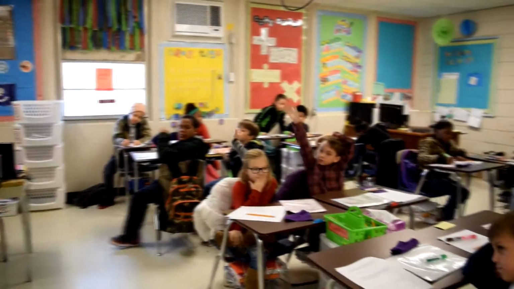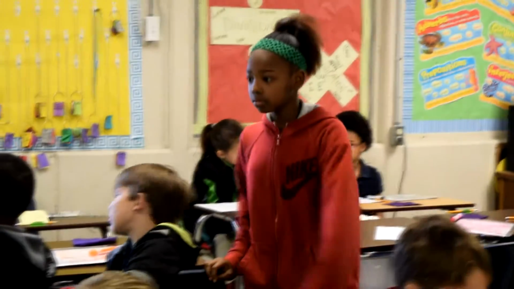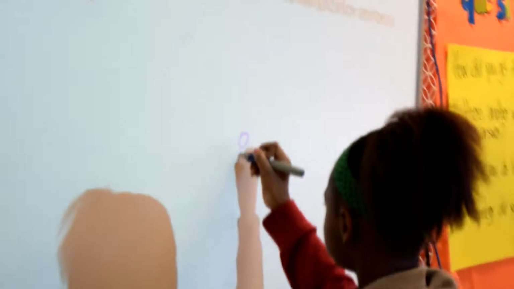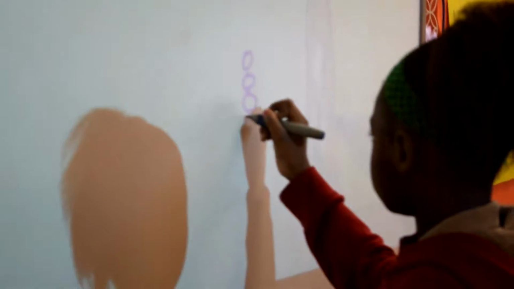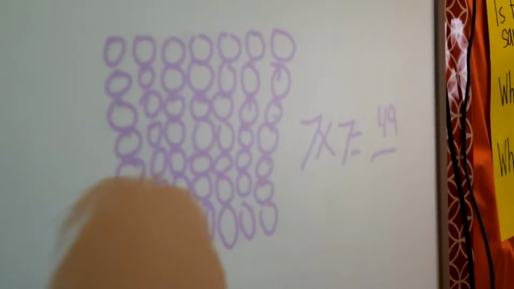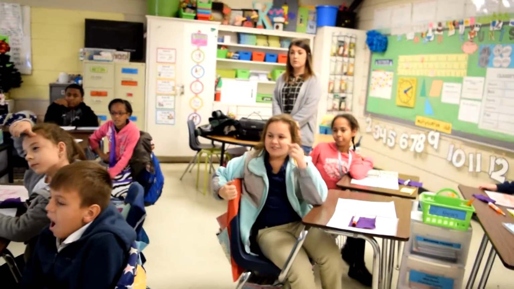Okay, one more problem we're going to do on the board. Draw an array that shows 7 rows of 7. Write a multiplication sentence for the array. Oh, I see some hands up here. They must have some hot questions for you. Maddie.